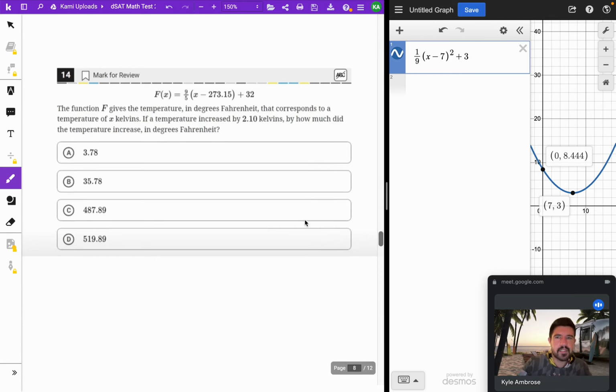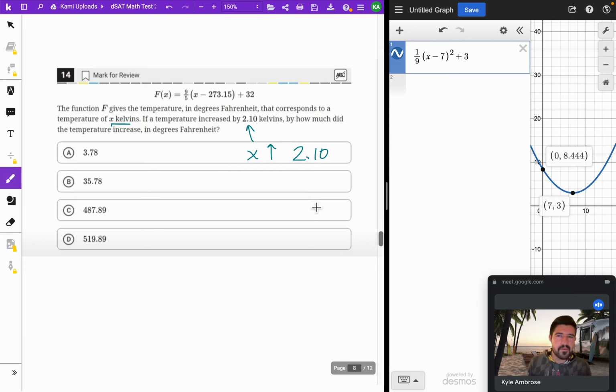This one looks tricky. It's intimidating, but this equation is a real equation, and it gives the temperature from Kelvins to Fahrenheit. It says if the temperature increased by 2.10 kelvins, and x is Kelvin, so if x goes up by 2.10 kelvins, how much would it increase in degrees Fahrenheit?